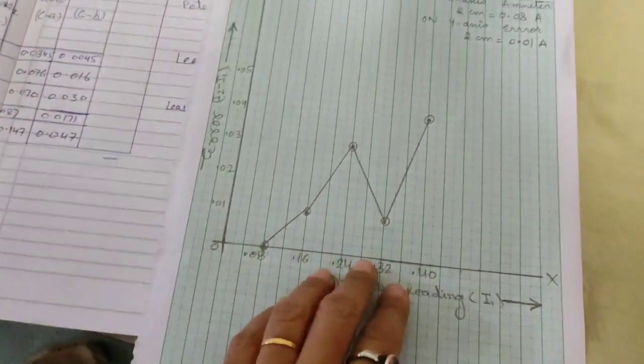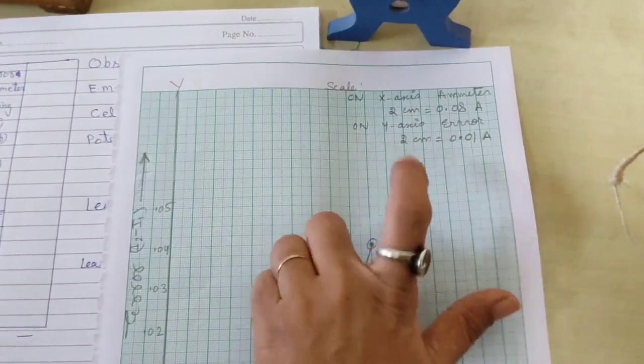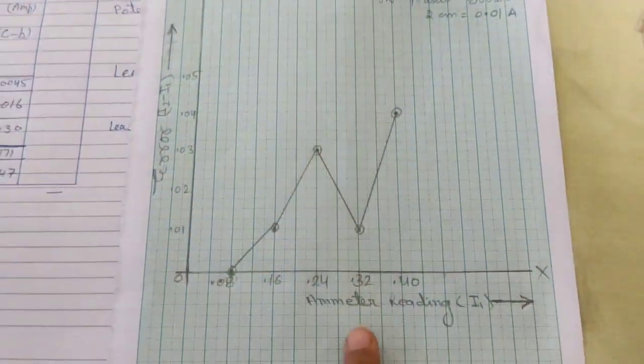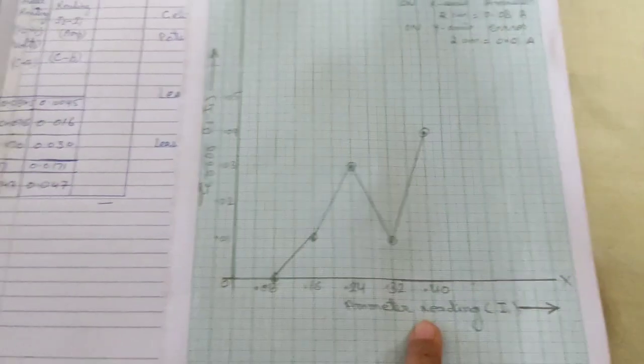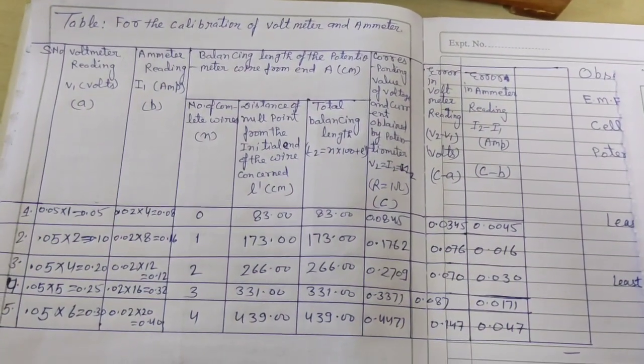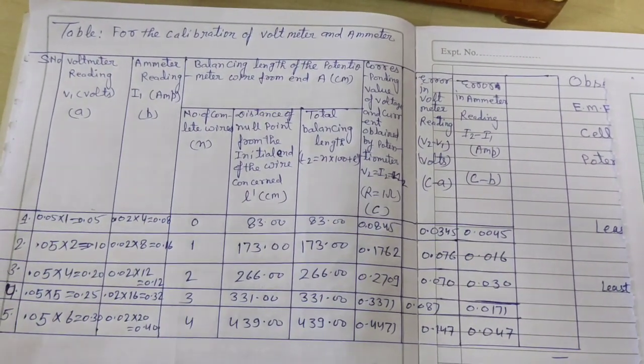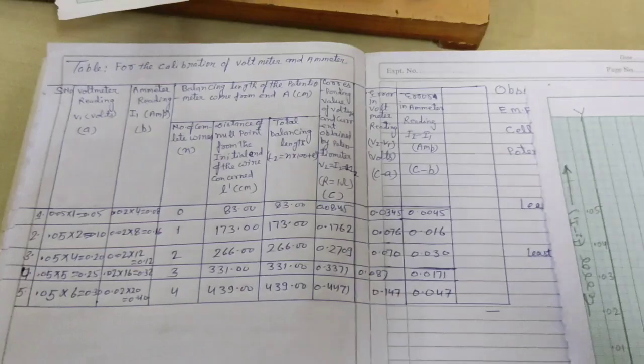Similarly, we have plotted the ammeter reading, the calibration curve for the ammeter. This scale is mandatory to write on the graph so that we can easily read it. I'm again focusing on the calculation and everything. And in this way, the experiment is completed.